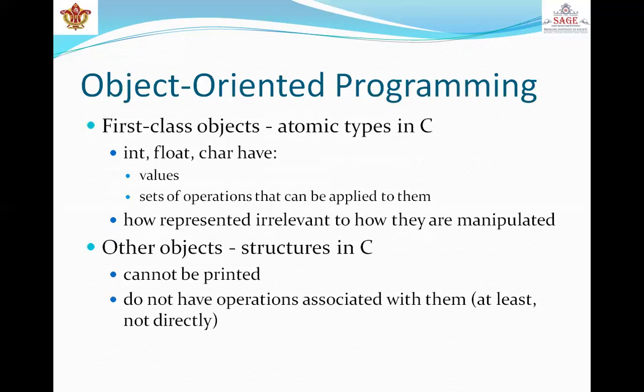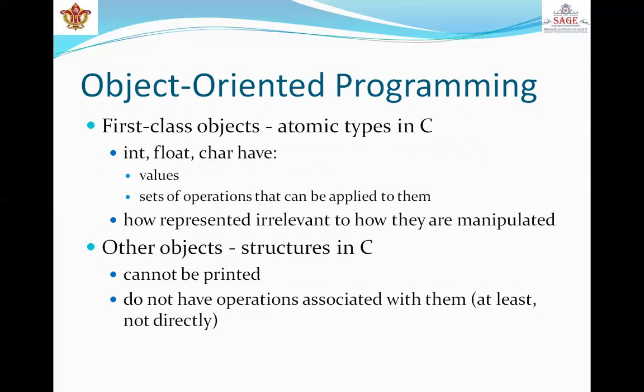Object-oriented programming is a programming paradigm based on the concept of objects, which can contain data and code. Data in the form of fields and code in the form of procedures. A common feature of objects is that procedures are attached to them and can access and modify the object's data fields. First-class objects: atomic types in C, integer, float, character, have values and a set of operations that can be applied to them.